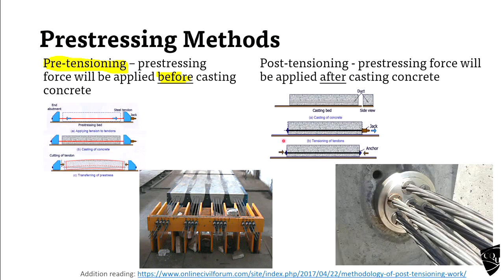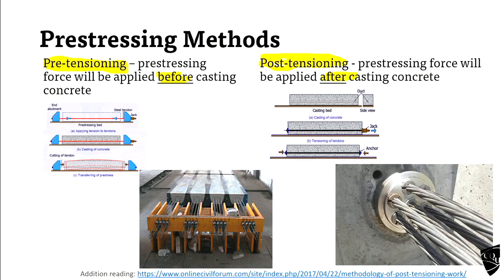Why we call it post-tensioning? Because the tension is applied after casting. Yeah, after casting. Okay, so we stretch the steel after casting.